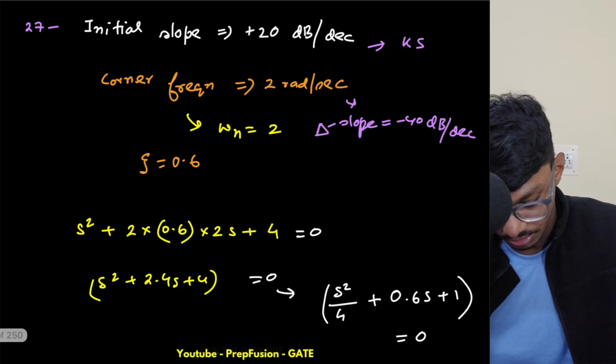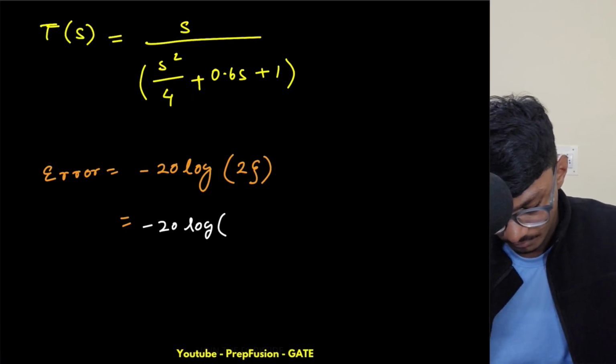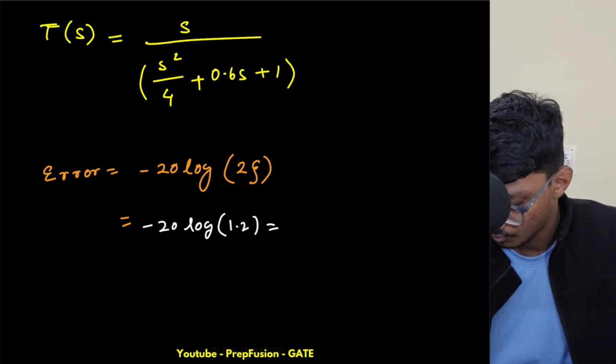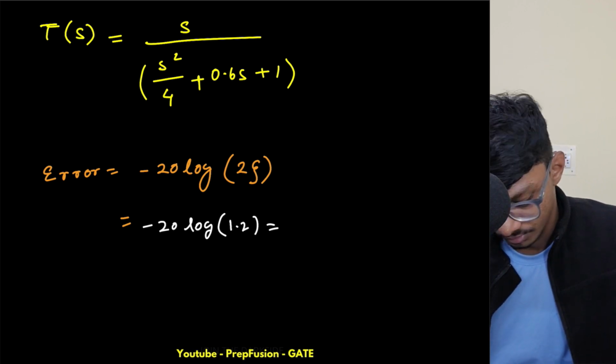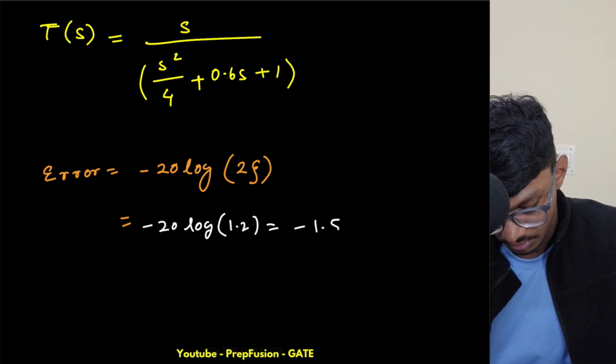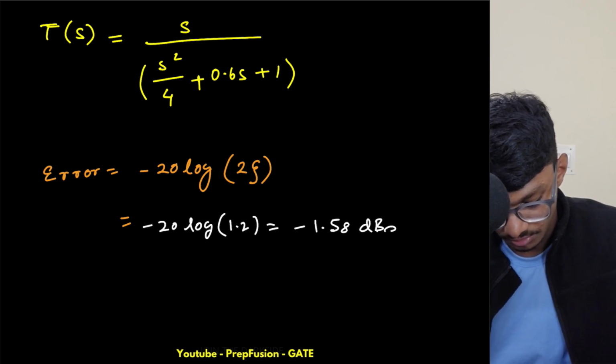Zeta is 0.6, so 2 times 0.6 is 1.2. Minus 20 log of 1.2 is equal to minus 1.58 dB. So this is my error.